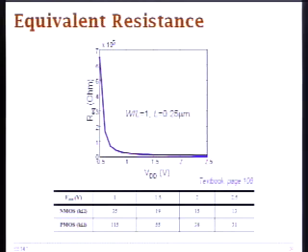So now here's a plot of equivalent resistance that we saw last time, that plots equivalent resistance in ohms for a transistor of W over L equal to 1 and minimum channel length 1/4 micron.